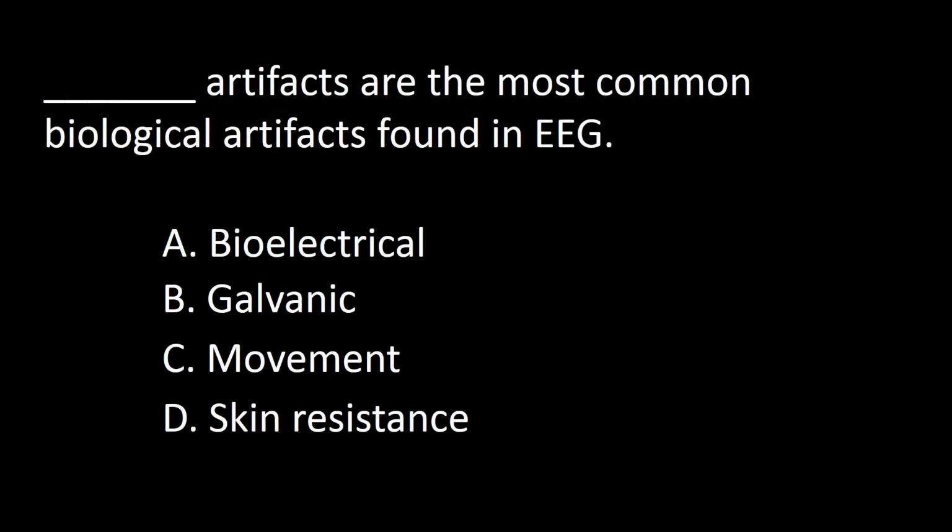Next question. Dash artifacts are the most common biological artifacts found in EEG. A. Bioelectrical, B. Galvanic, C. Movement, D. Skin resistance.